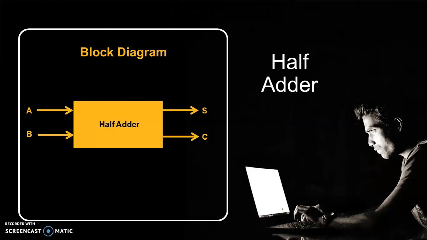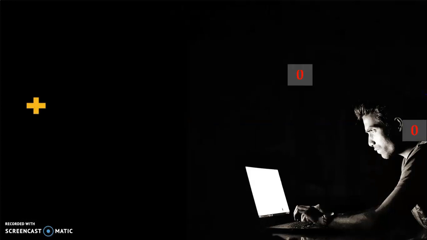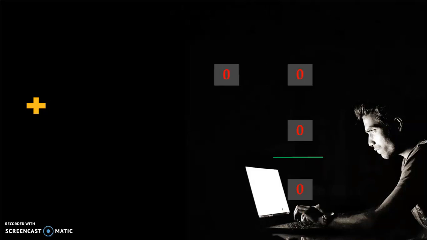So now let us understand binary addition before we start actually understanding our half adder. First condition, that is 0 0, meaning 0 plus 0. So sum is 0 and there is no carry. Second condition, 0 plus 1, sum 1, carry 0.